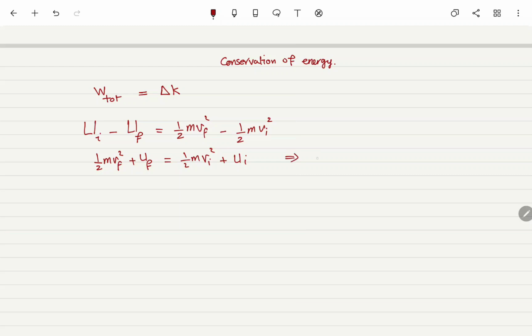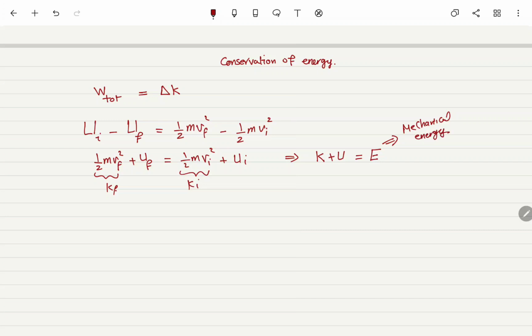Now K plus U, this is K initial and this is K final. K plus U equals E, and E in this case is the mechanical energy.